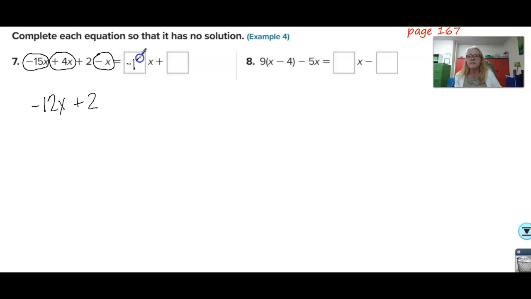This has to be negative 12x. This number can be any number except 2. All right, it could be 3, it could be 4, it could be a half, it could be negative 374, any number you want, but not 2. Okay, so we'll just make it 3. Now the right side will always be one more than the left side. It will have no solution.